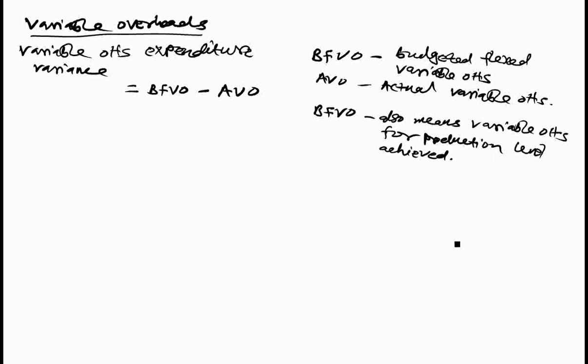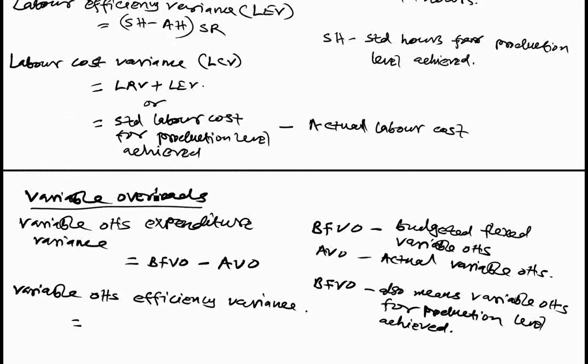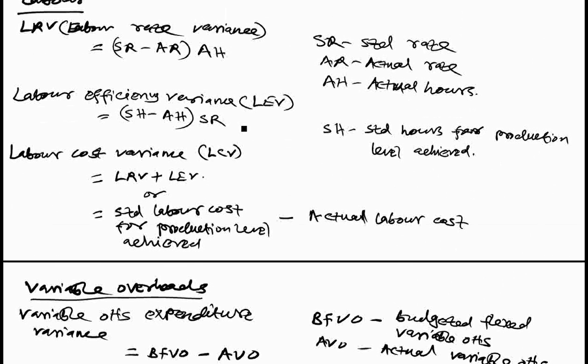Good. Next is variable overheads efficiency variance. The formula for that, all the formulas for efficiency are almost the same. Labor efficiency was standard hours minus actual hours into standard rate, as you can notice here.